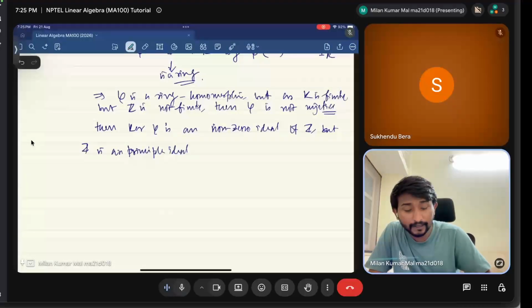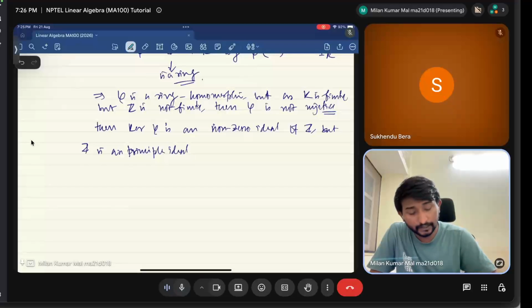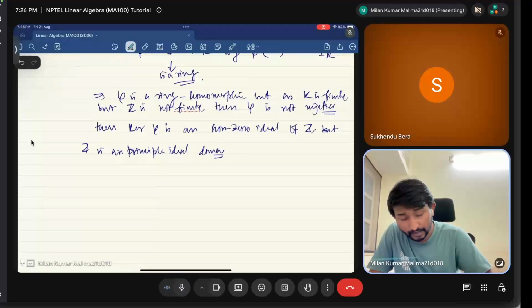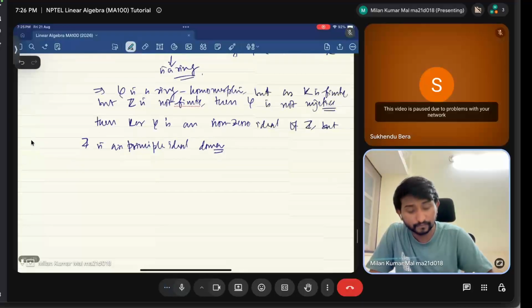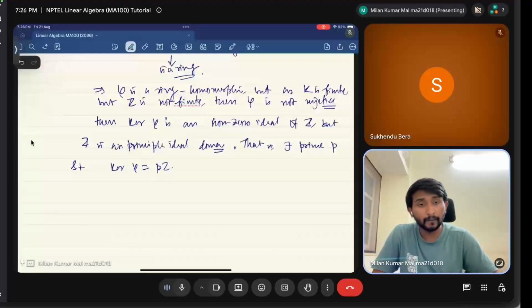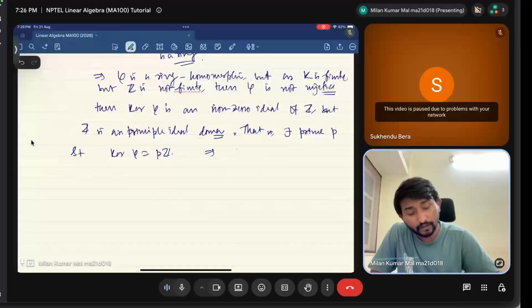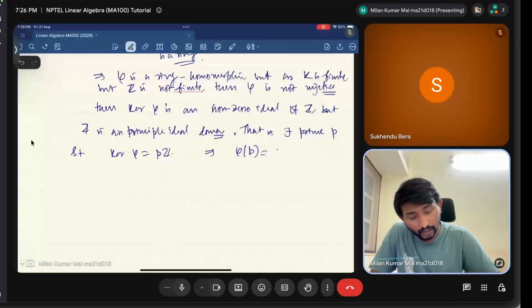So every ideal in Z is generated by a single element, that is, there exists some prime number p such that the kernel of phi is equal to pZ. That means phi of p, that is p times 1_K, has to be 0, right?